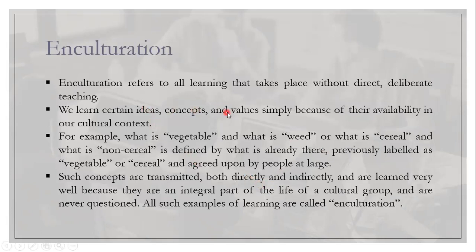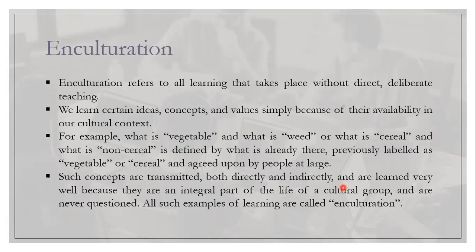The ideas, concepts and values are directly transferred from the parents or the cultural group, which can be friends, neighbors, relatives, the group around you, the society, the people around you. All these form a group.